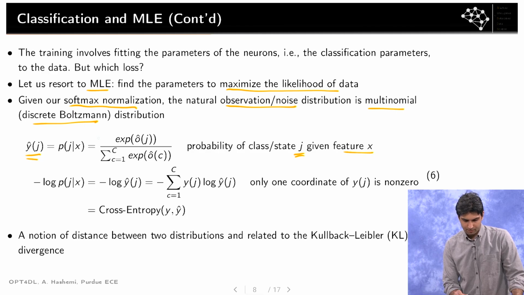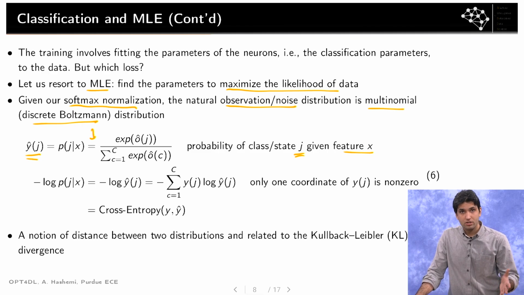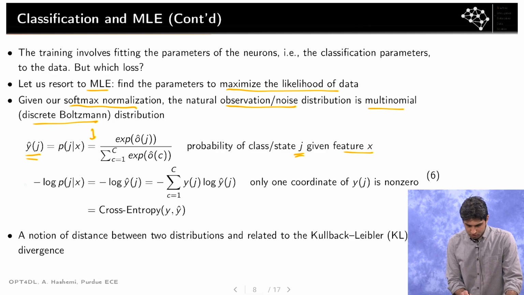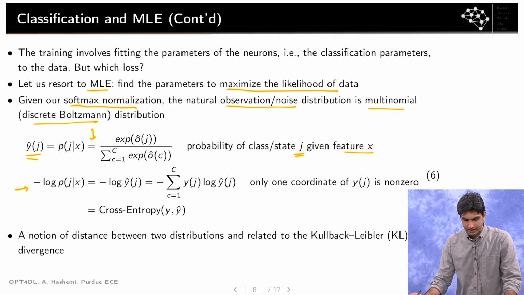And as we mentioned, after following the softmax normalization, here's going to be the output. Now we mentioned before that maximizing the likelihood is equivalent to minimizing the negative log likelihood, given that log is a monotone function. So here, I'm just taking the negative log from this side.